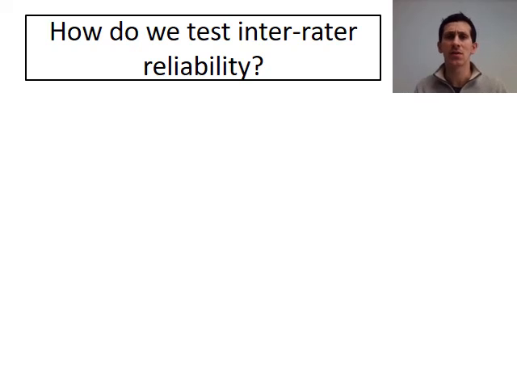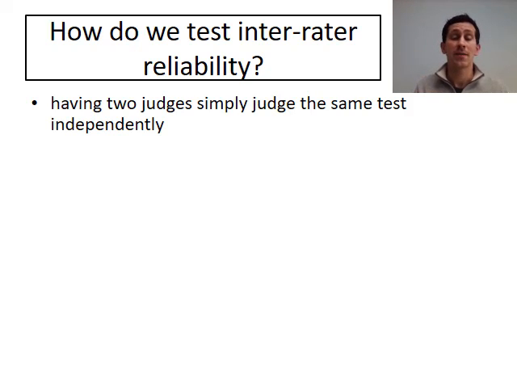So how do we test inter-rater reliability? Well, what we do is we have 2 judges who simply judge the same test independently. So 2 judges giving scores for the same participant on a particular thing, or doing an observation, how many aggressive acts occur in the playground during break time. And they'll both observe it and record the behaviours in their tally chart.